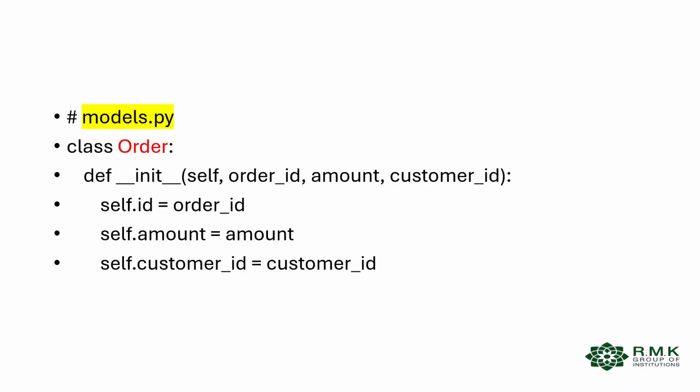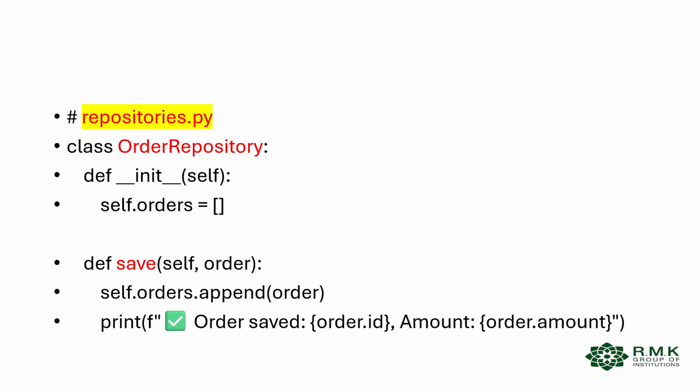Inside, I replace my values with the order ID, amount, and customer ID. Then the repository class is created, and inside the class repository I initialize with a self variable. Self is an array, so whatever orders come, everything will be stored in self.orders.